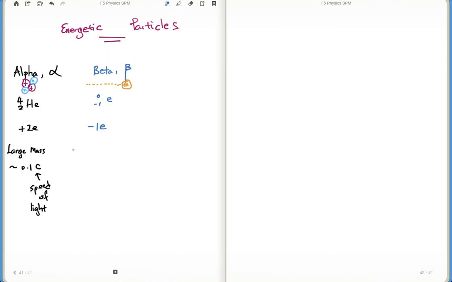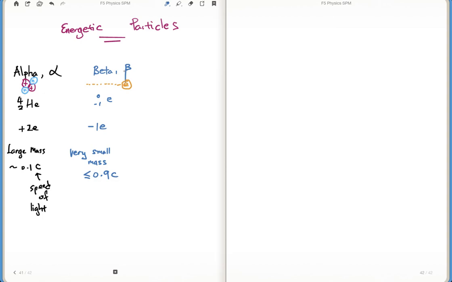It is very small. You may want to refer to my previous video or record it from your scientific calculator. The speed is quite fast. It is not at the speed of light, but slightly less than that, 0.9 c.